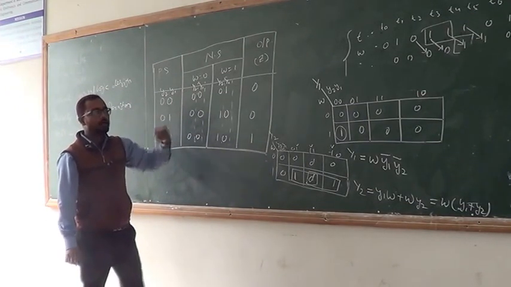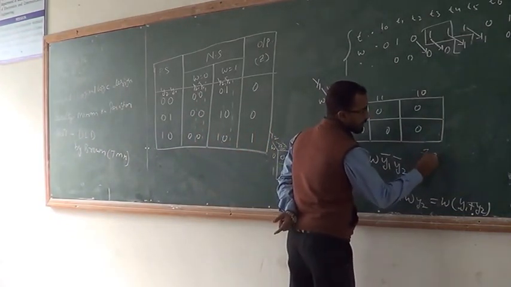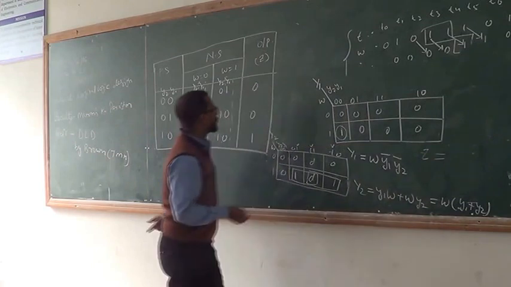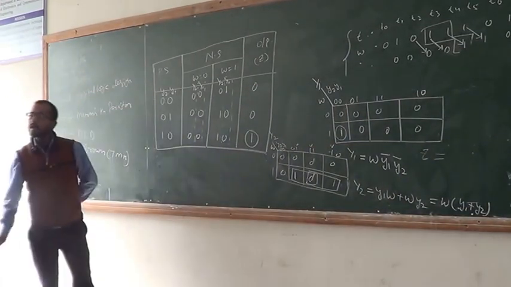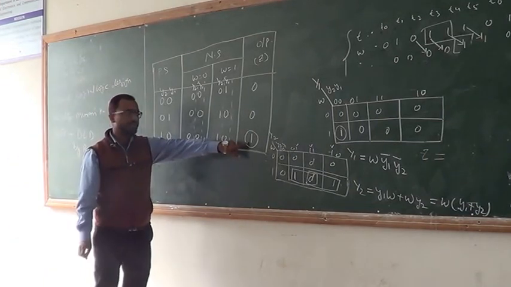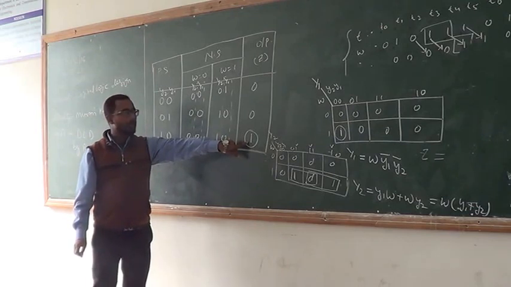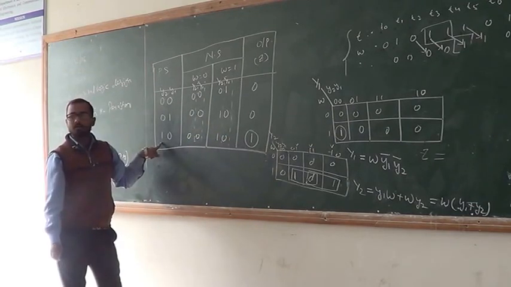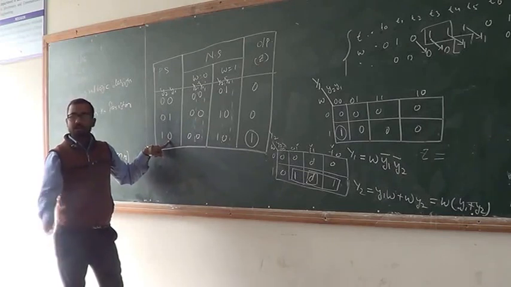Now find the expression for z. Z is our output. So for z, this is 0-0, only at that place z is high. And what is the state for the output? The state is 1-0. That means when we come to the 1-0 state, the output goes high.